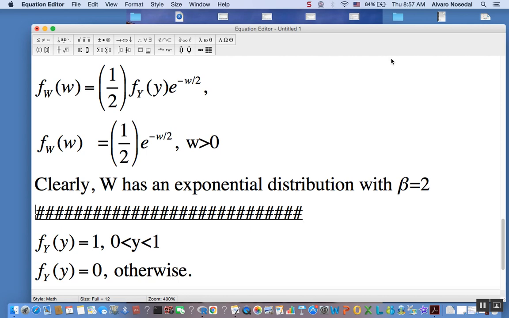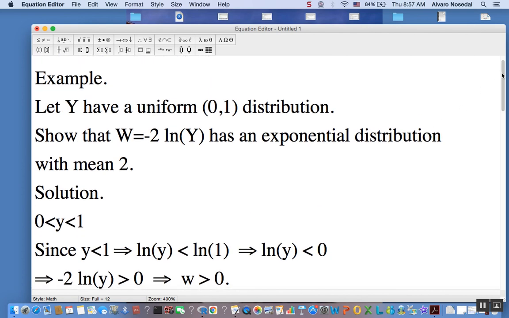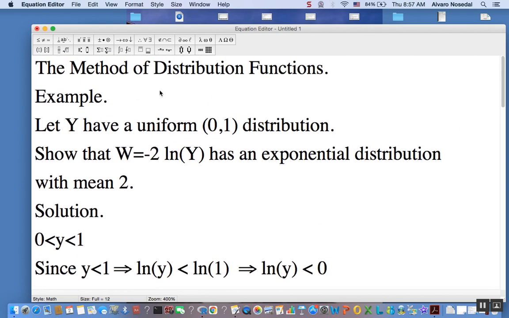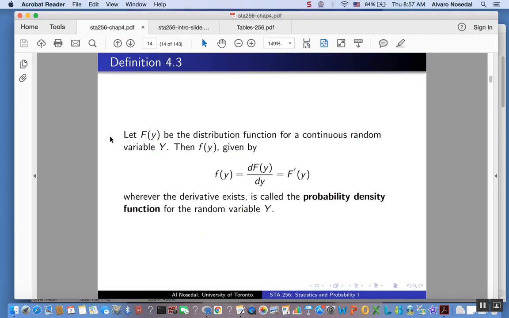Let's summarize what we did here, okay? So what we talked about in this video was one method of finding the distribution of a transformation of a random variable, right? What's the main idea behind that method? The relationship between the PDF and the CDF, okay? If you take the derivative of the CDF of a continuous random variable, then you will obtain the PDF.